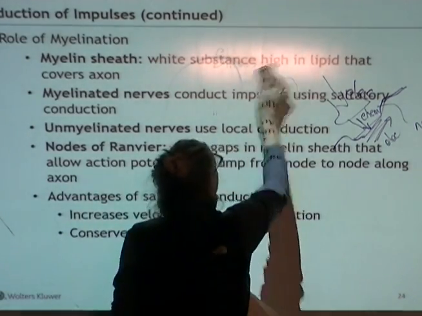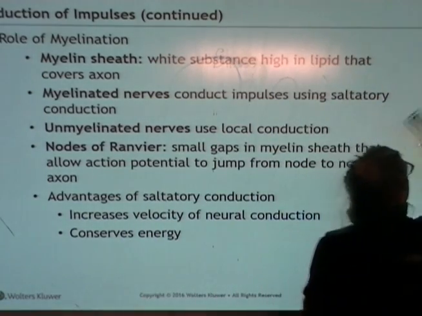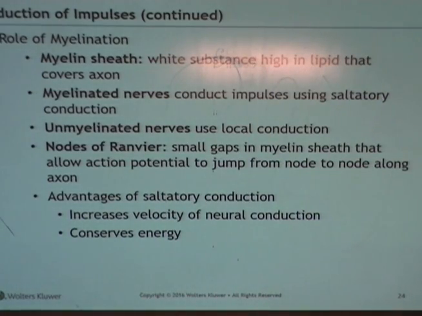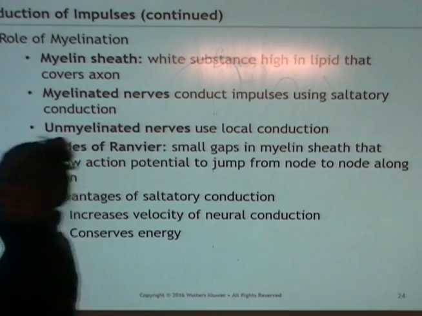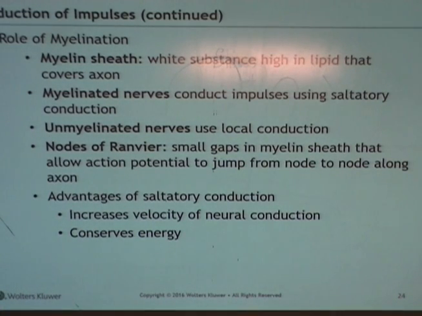All right, I know last week we had a brief conversation about nodes of Ranvier and myelin sheaths, so we're just going to review that a little bit so that we've got an idea of how the myelin sheath and these nodes help that action potential. Because without them, we would be much slower than we are.